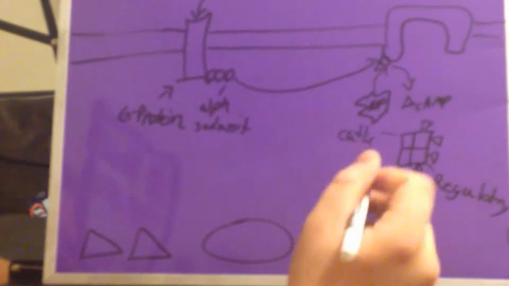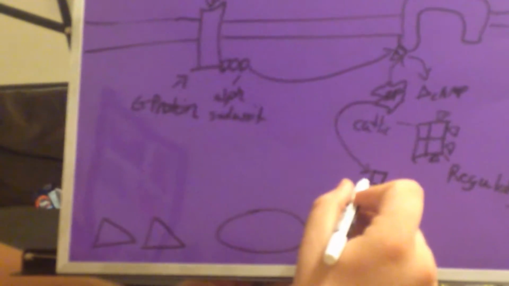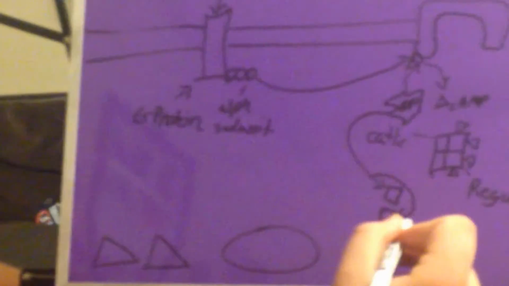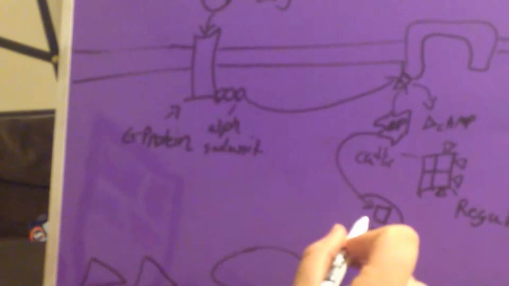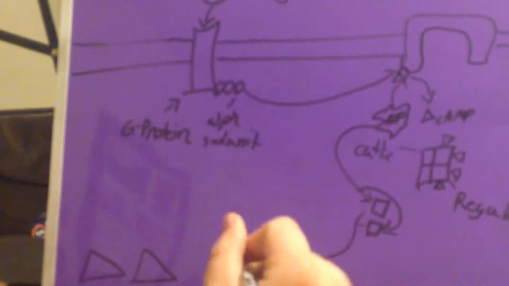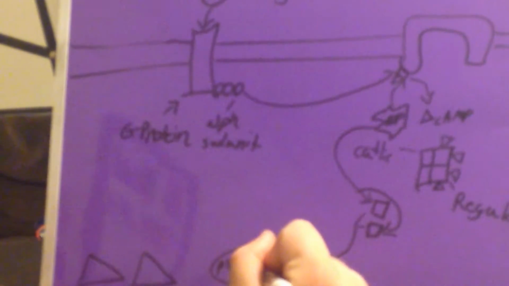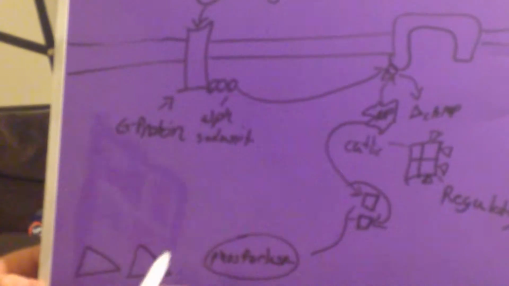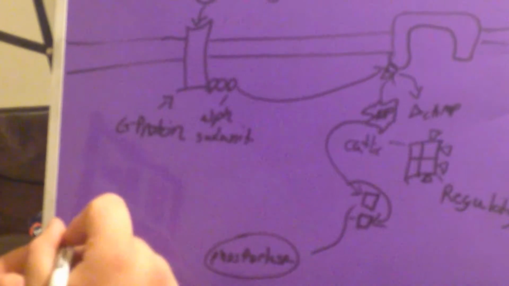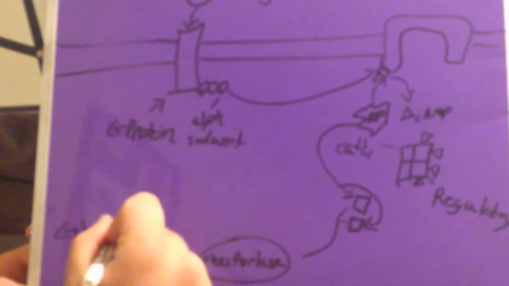and they will combine with this ATP, they will combine with the ATP and then go into this phosphorylase, and then from there the phosphorylase will go into glycosine.